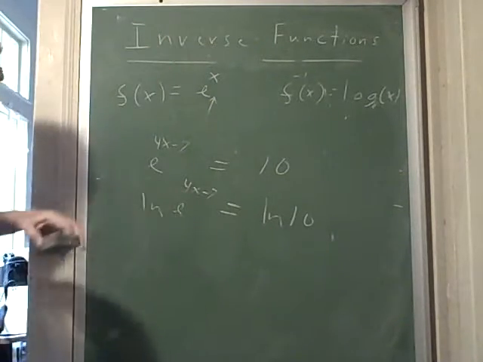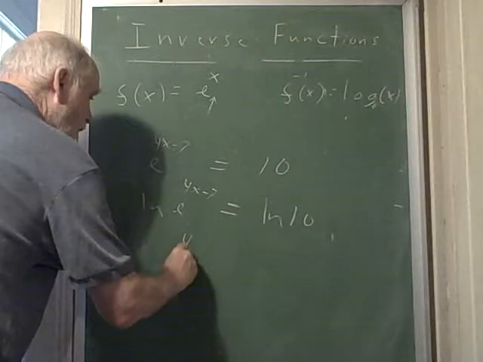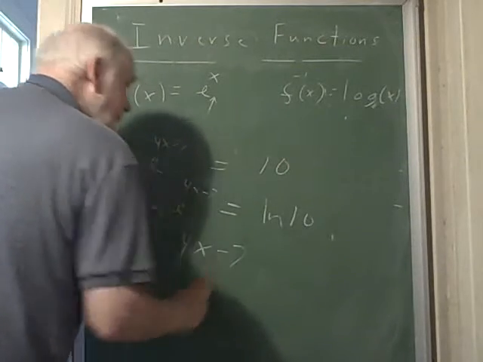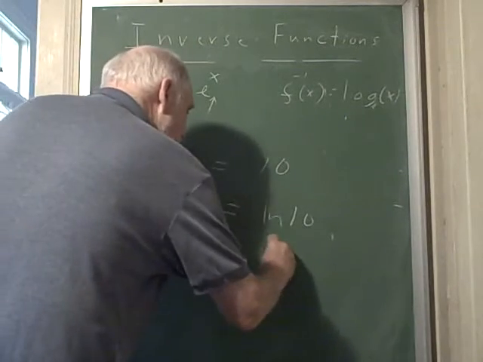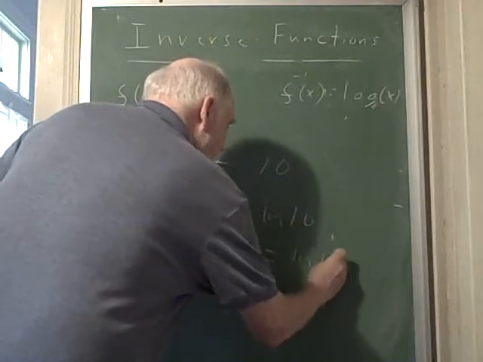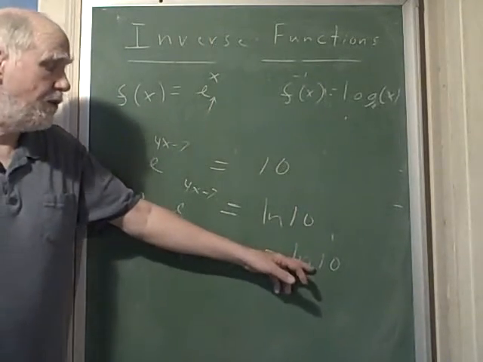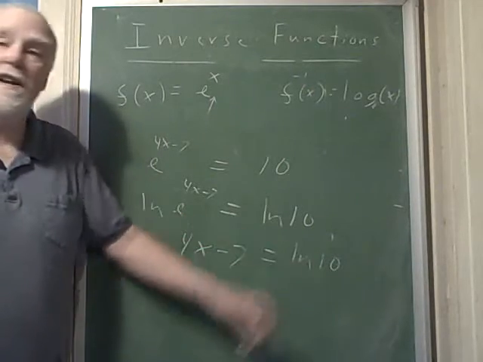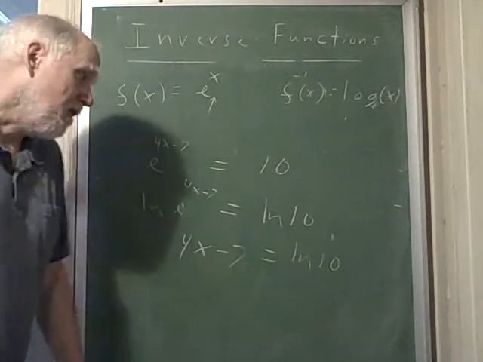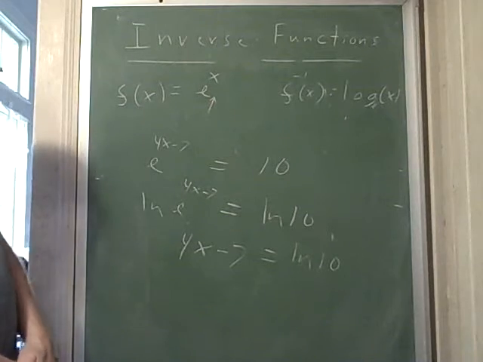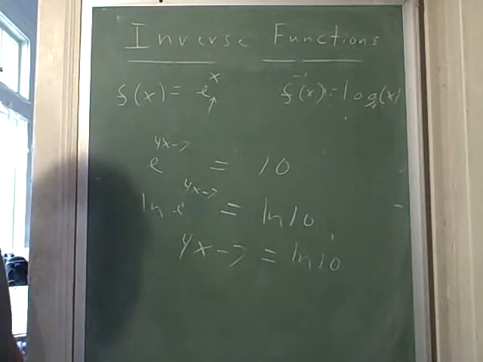And guess what? These cancel each other out, and you get 4x minus 7 equals ln 10. Now it's important to remember ln 10 is a number. It's the power to which you raise 2.72 in order to get 10, which is a little more than 3 maybe. It's a number a little more than 3 in your calculator.